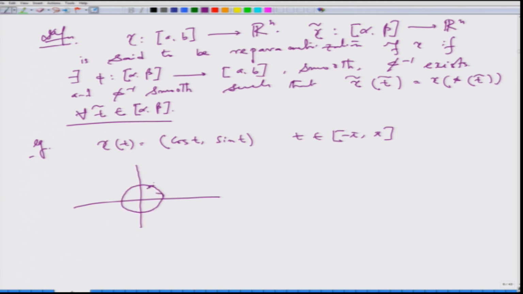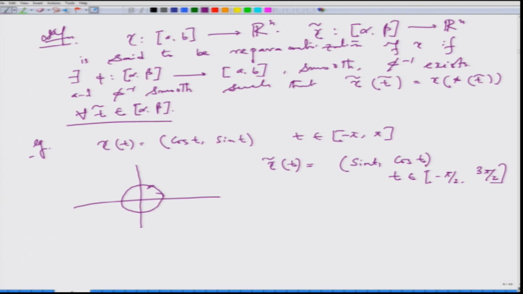Correct? And I look at the curve gamma tilde(t tilde) equal to, let us say, (sin t tilde, cos t tilde), and this time t tilde in minus pi by 2 to 3 pi by 2.